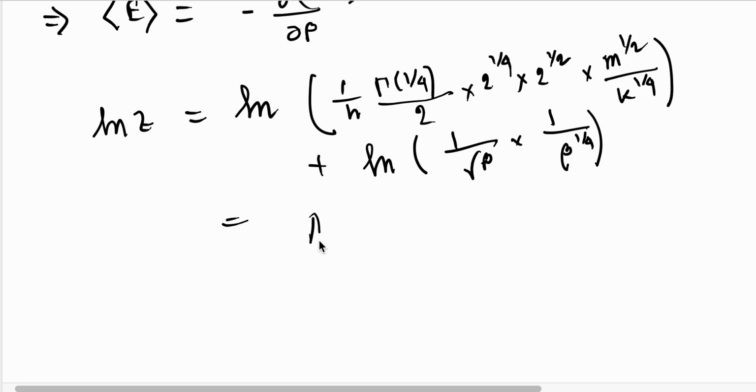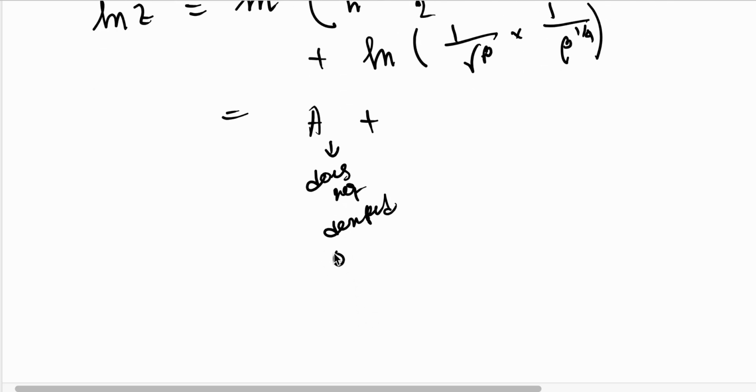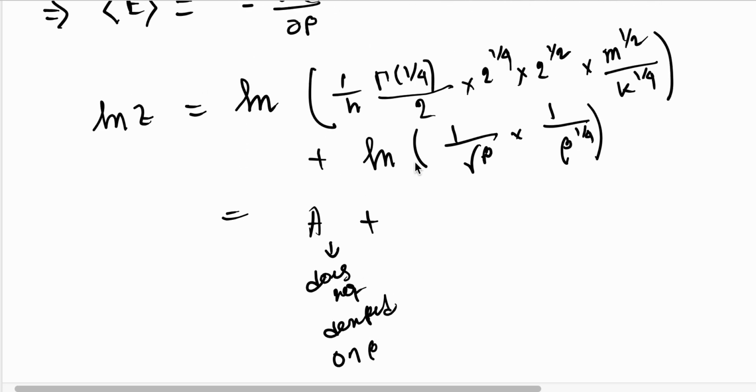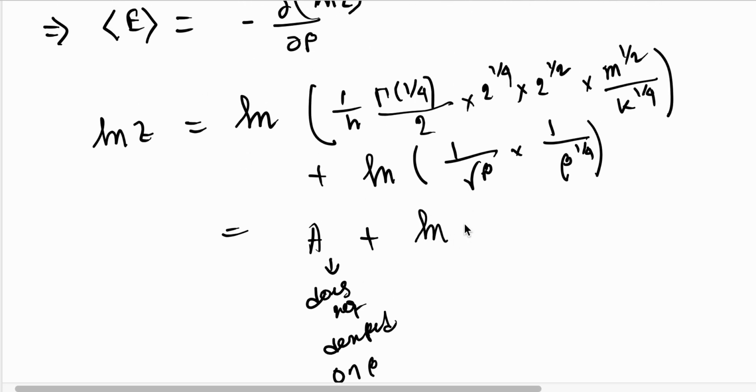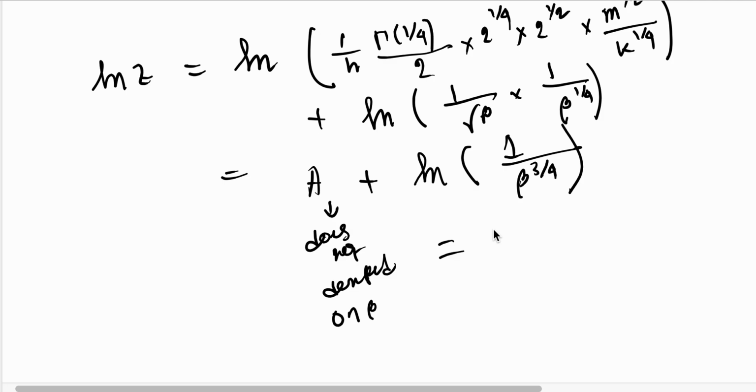There is some constant which does not depend on beta, plus ln 1 by beta to the power 3/4. So that means minus 3/4 ln beta.